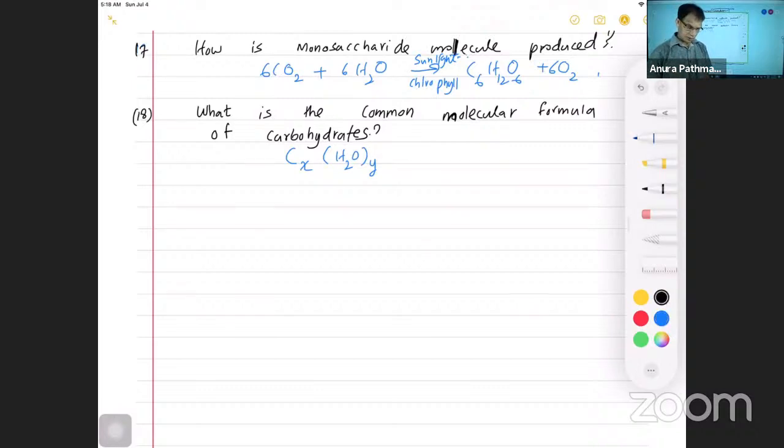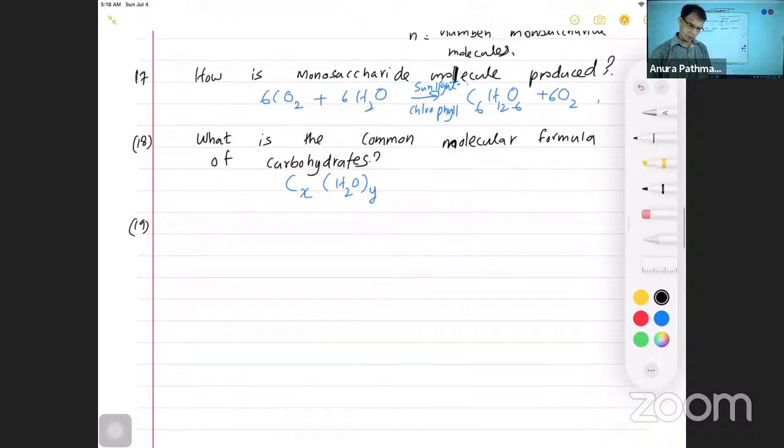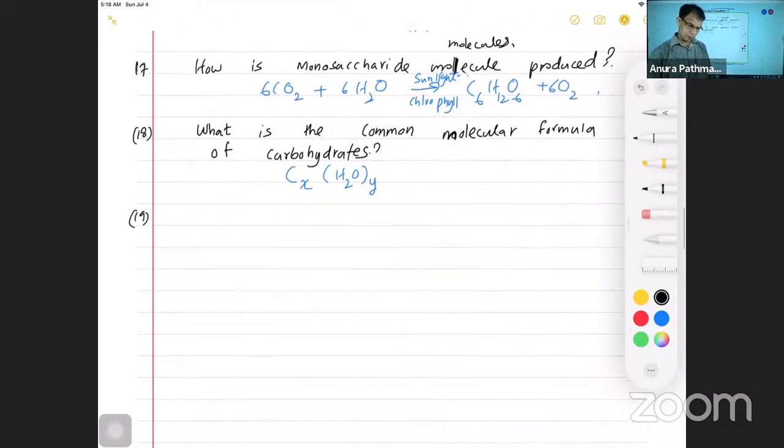Question number 19. How is a disaccharide molecule formed?